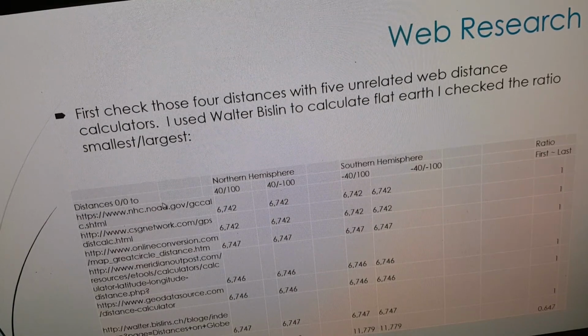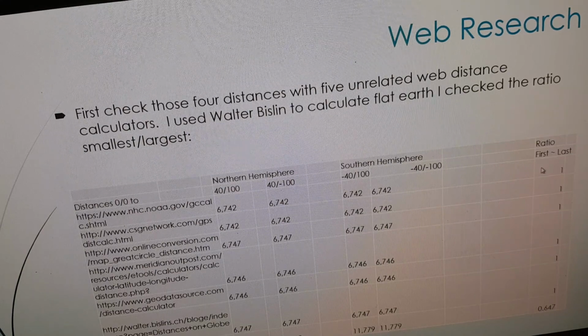And of course, these will be spherical distances because of the nature of the calculators. And I get these numbers, which you can see are pretty close to the exact same numbers for all 20 numbers.